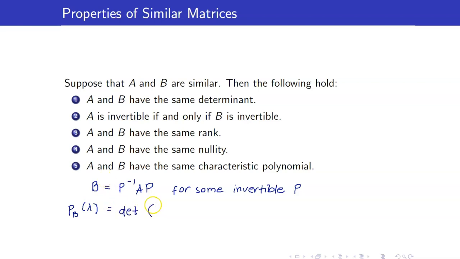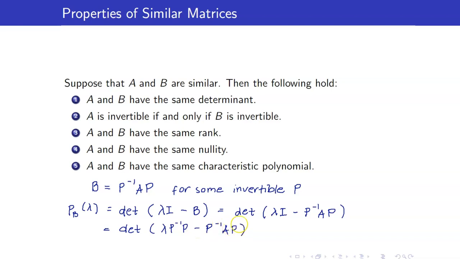This is just the determinant of lambda times the identity matrix minus B. I will write B as P inverse AP, and I will also write I as P inverse times P. Hence, I can write this matrix here as P inverse times lambda I minus A times P. I factored out P inverse on the left and P on the right.